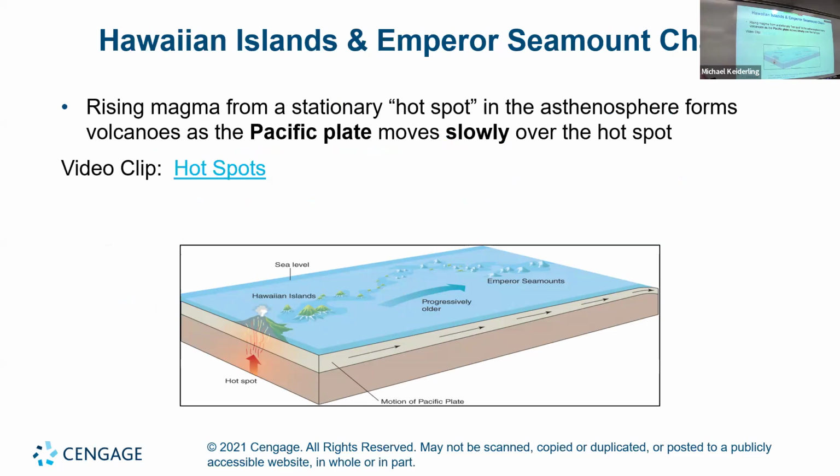This is how we get the Hawaiian Islands and how the older Emperor Seamounts formed. So the big island of Hawaii is the youngest of the islands of Hawaii, and as you go along the chain from there, they get older. As you continue on, the mountains move underwater and even older.